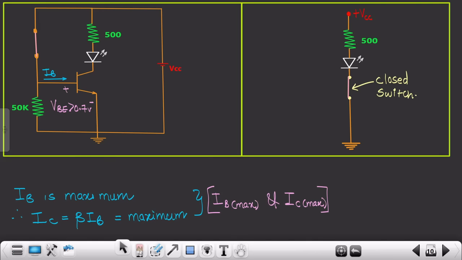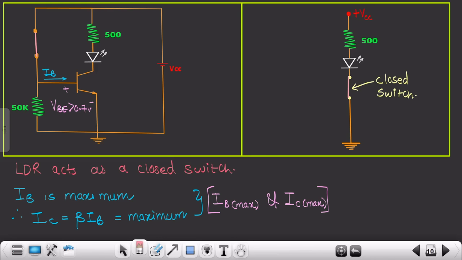Alright, so over here your LDR is acting as if it is a closed switch. LDR acts as a closed switch. Okay, I hope you understood everything up till now.